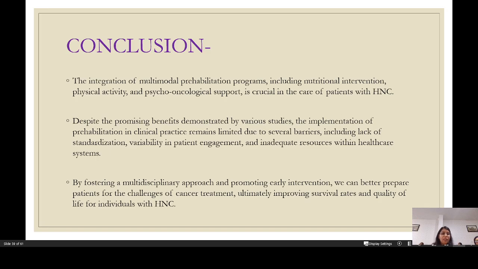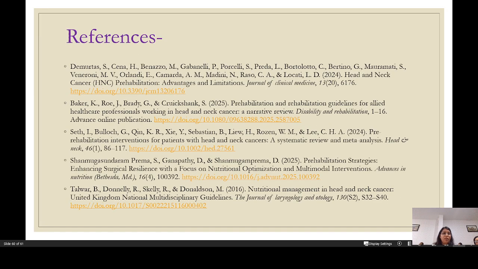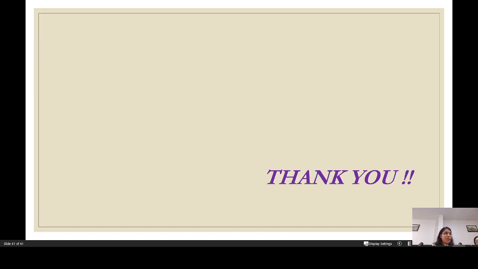By fostering a multidisciplinary approach and promoting early intervention, we can better prepare patients for the challenge of cancer treatment, ultimately improving survival rate and quality of life.